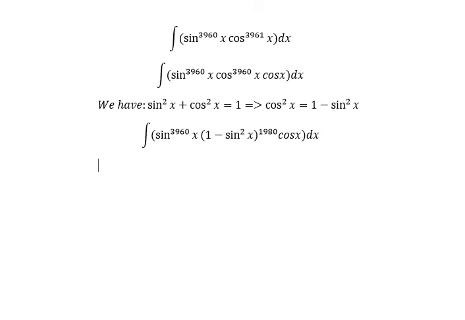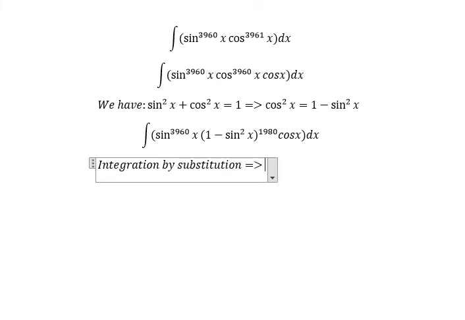Then we will use about integration by substitution. So you got about u equals to sin x, then du equals to cosine x dx.